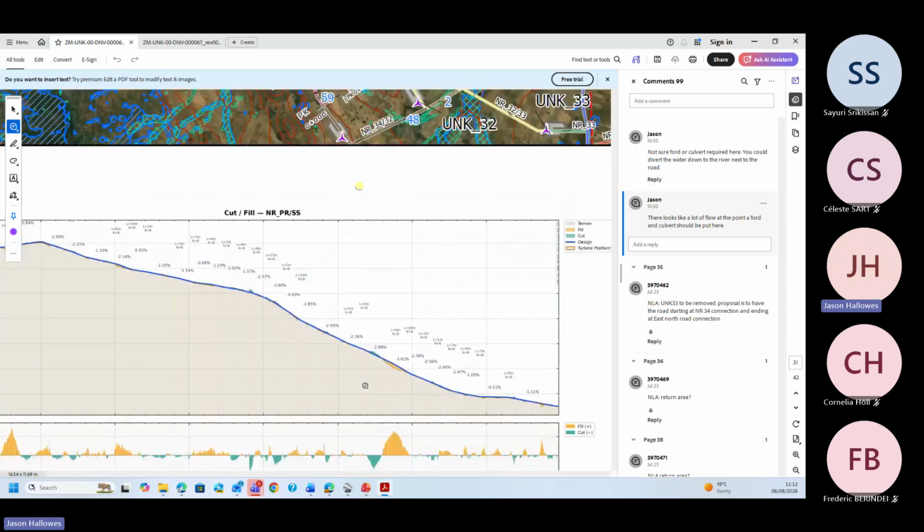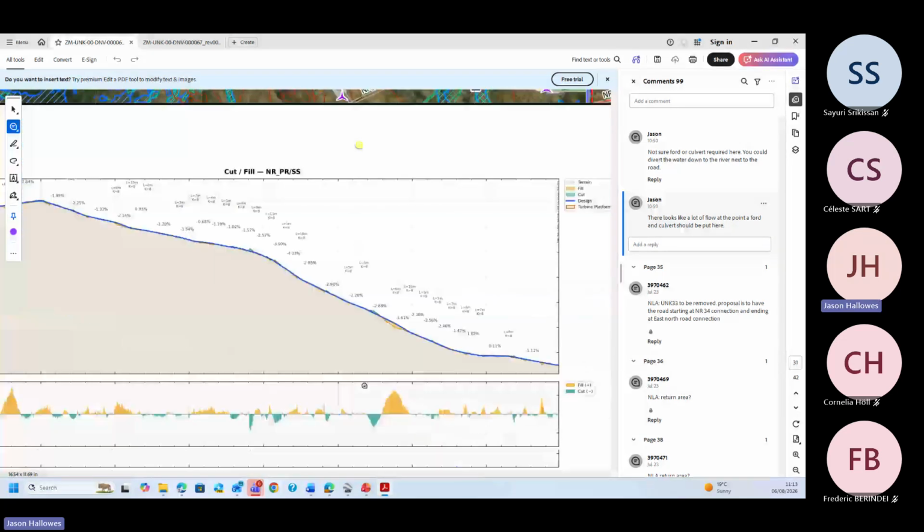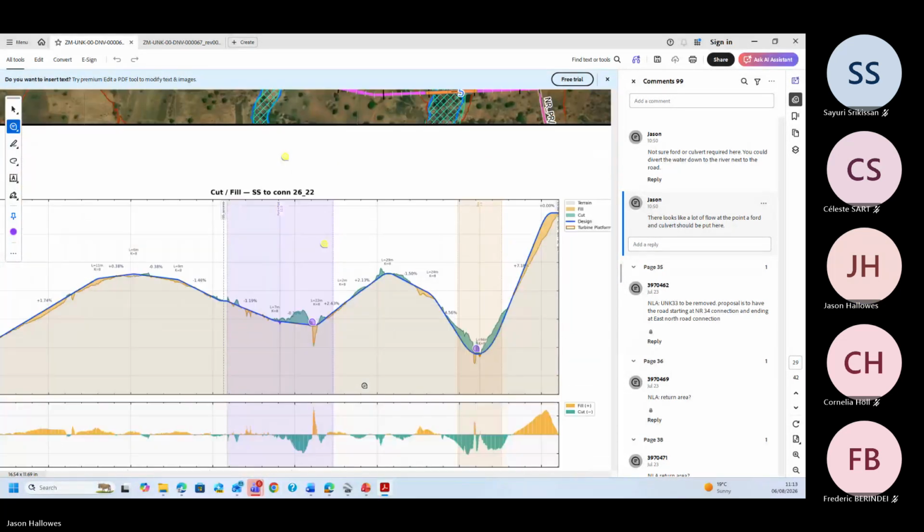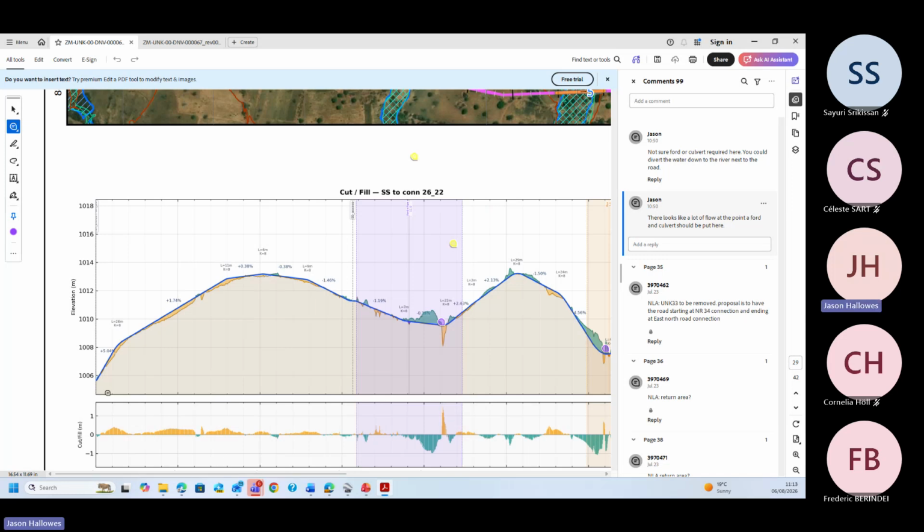And there's also, I just want to pick out one here. I think this is a good one. So the road engineer has come in here and cut this away, and then he's come up again and put a culvert over here. Now, if we have a look at the side view over here, that's 10 and 8.